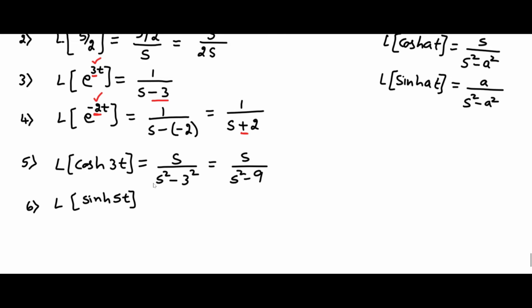If you use that formula over here, the a value in this case is 5. So we'll be getting 5 divided by s square minus a square, so a square will be 5 square. Which will be equal to 5 divided by s square minus 5 square, which is 25.